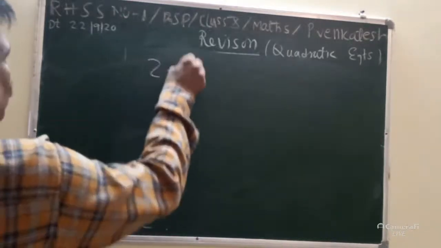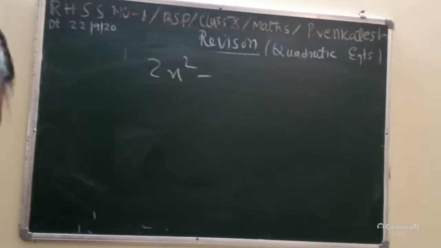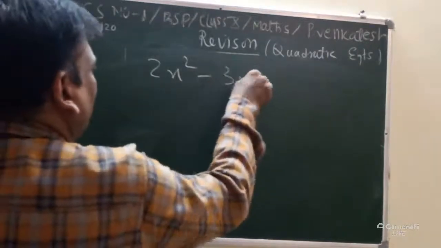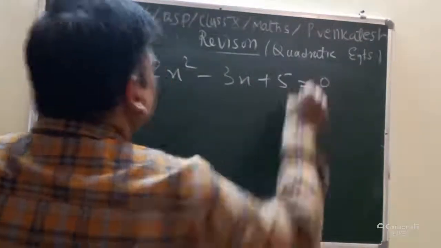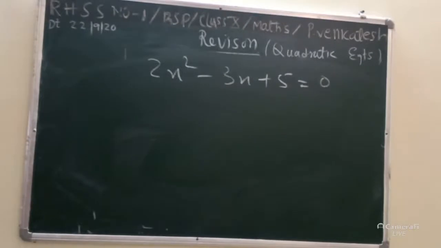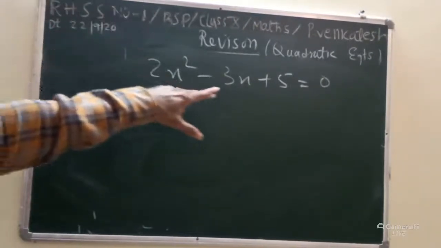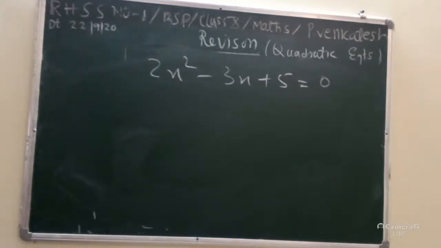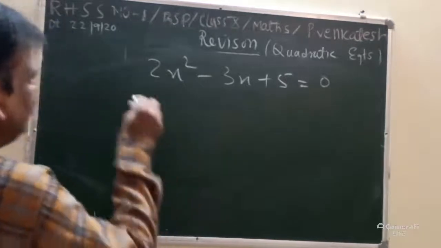See here, 2x square minus 3x plus 5 equal to 0. Now find the value of D in this equation. There will be 4 options. You have to find the D. D is called discriminant. Directly very easy this one.